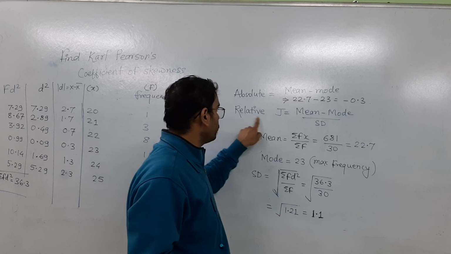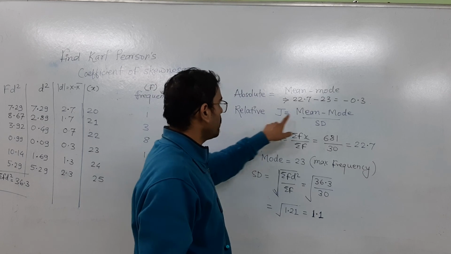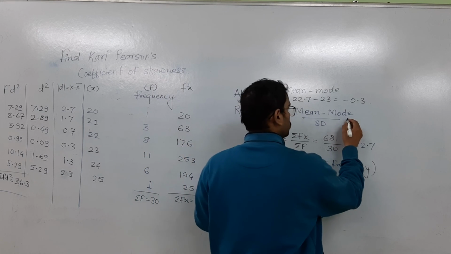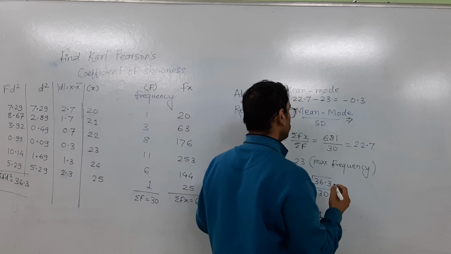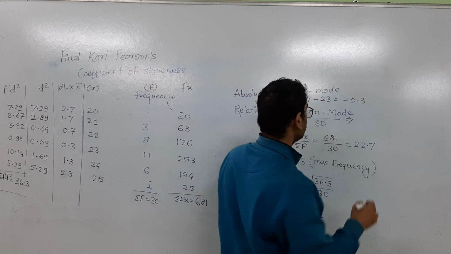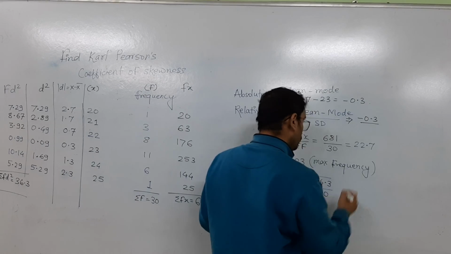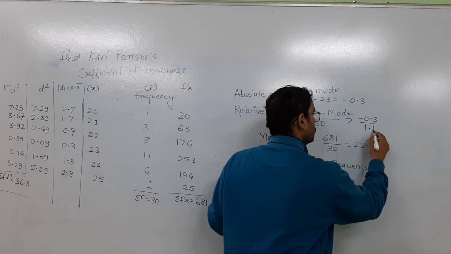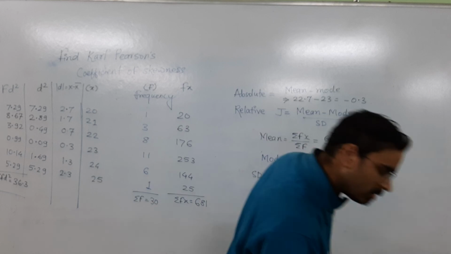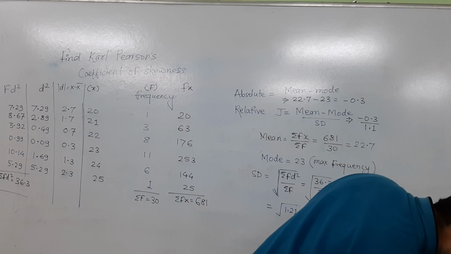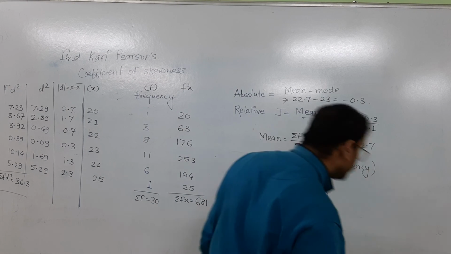Now we can find the relative skewness. We have all the values, so we are going to write it here. Mean minus mode divided by SD: minus 0.3 divided by 1.1 gives minus 0.273.